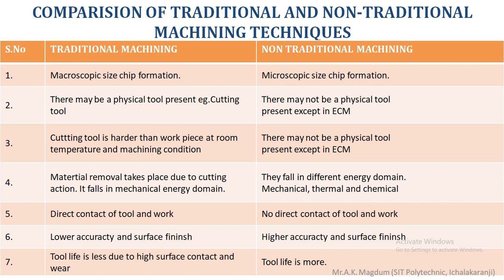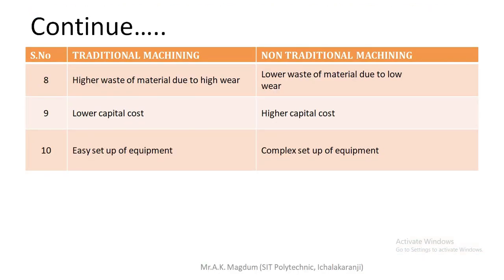Due to the physical contact between the tool and workpiece, friction is generated, due to which heat is produced between the workpiece and tool, so the life of the tool is minimum compared to non-traditional machining. In non-traditional machining, tool life is more because there is no need for physical contact between the workpiece and tool, so tool life is comparatively higher than traditional machining.